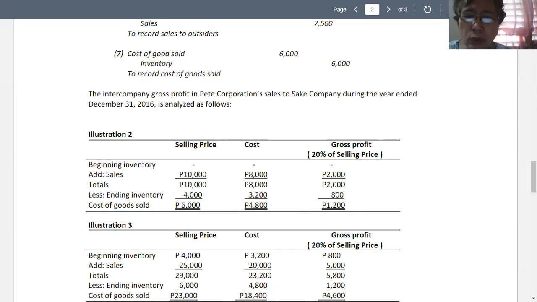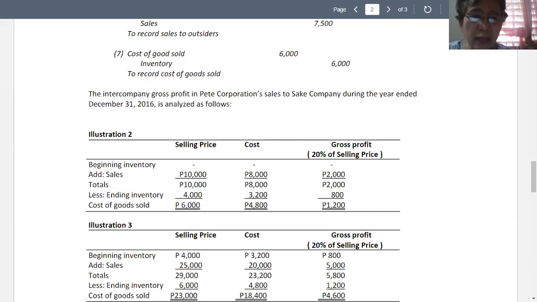The applicable gross profit being 20% of the selling price is 800. Then we add sales during 2017. Sales of Pitt to Sake for 25,000 and the 80% cost is 20,000. So the gross profit applicable is 5,000.